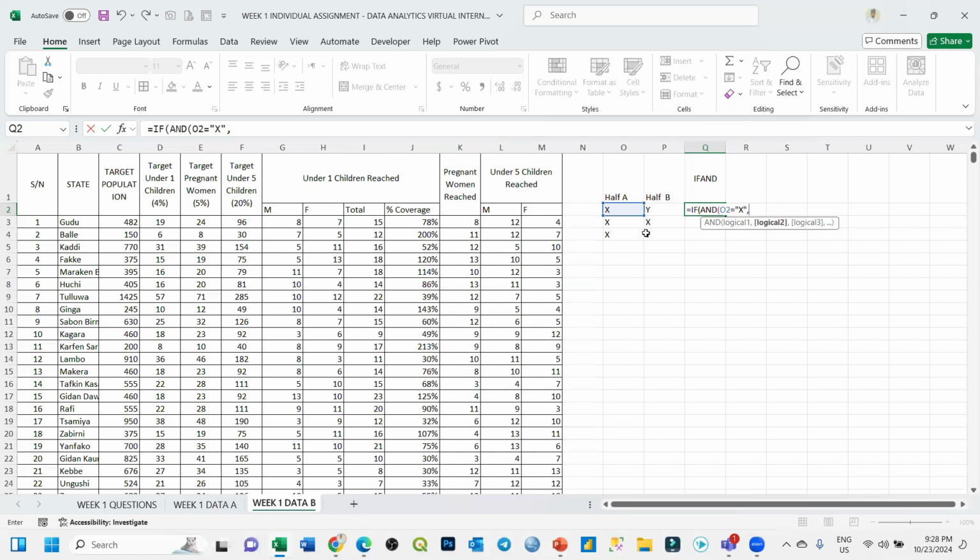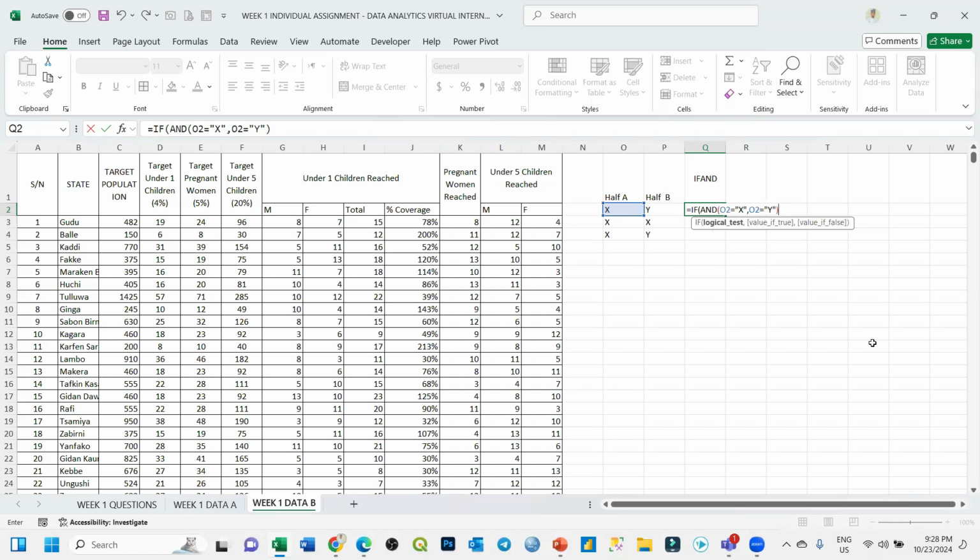Then the same O2 also is equals to Y. Then I close this.